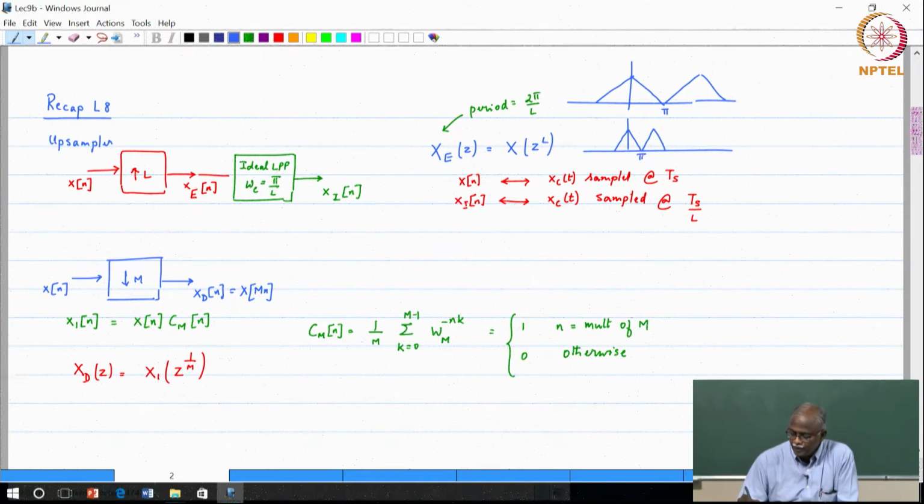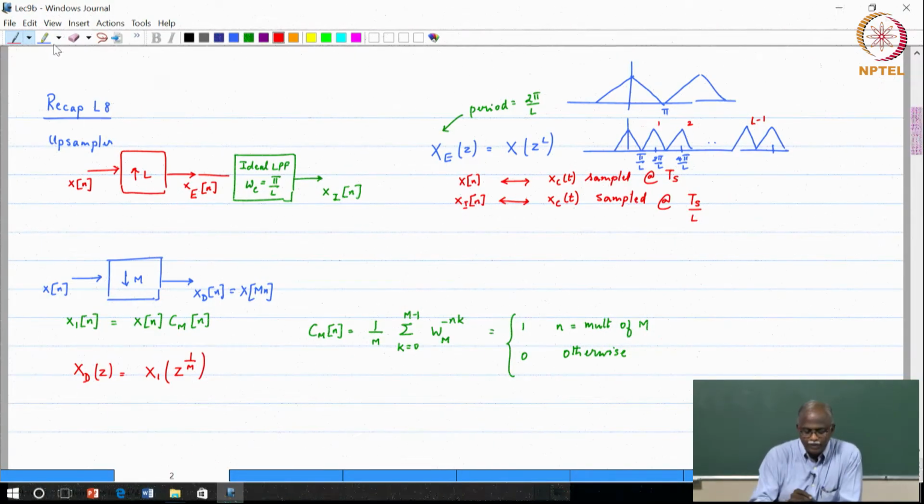This would be pi over L. The next copy of the spectrum would be at 2 pi over L, 4 pi over L, and so on all the way to 2 pi. So basically we have got additional copies. This is copy number 1, copy number 2, and the last one would be copy L-1, and that is what X(z^L) would be.